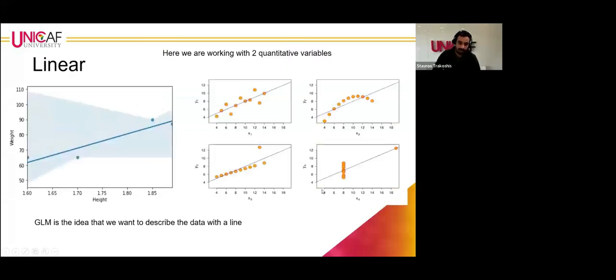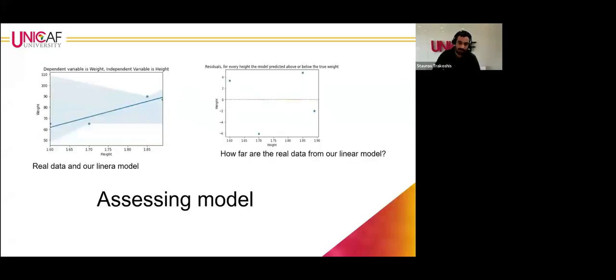So just to summarize what I've said so far, I have two variables. I have independent and dependent variables, which are in numbers. Here I have two quantitative variables. And in order to describe them, I draw a line with some mathematical formulas that tries to pass through them.